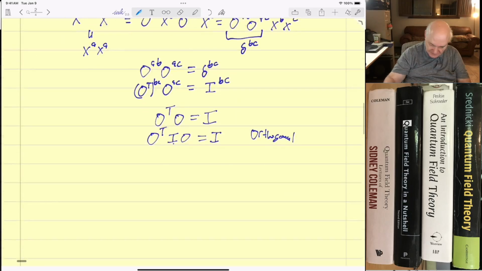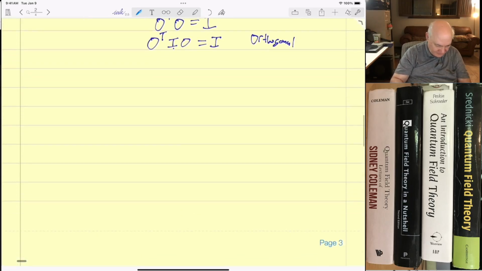Okay. Now let's just prove, just like they did in ChatGPT, that lambda inverse rho nu is equal to lambda nu rho. Now the first thing you might say is, what does lambda nu rho mean? Well, it's just raising and lowering indices.